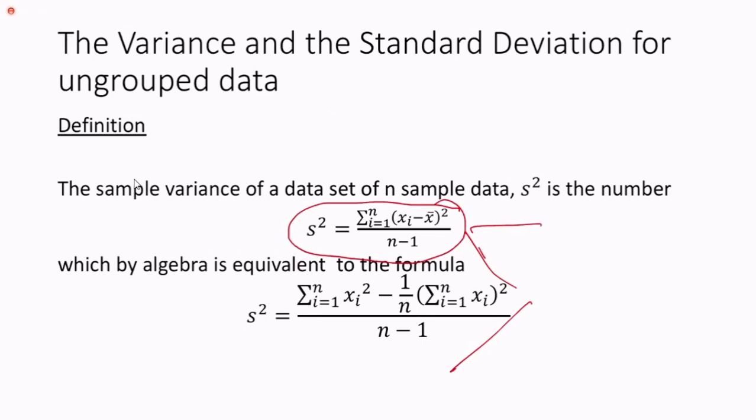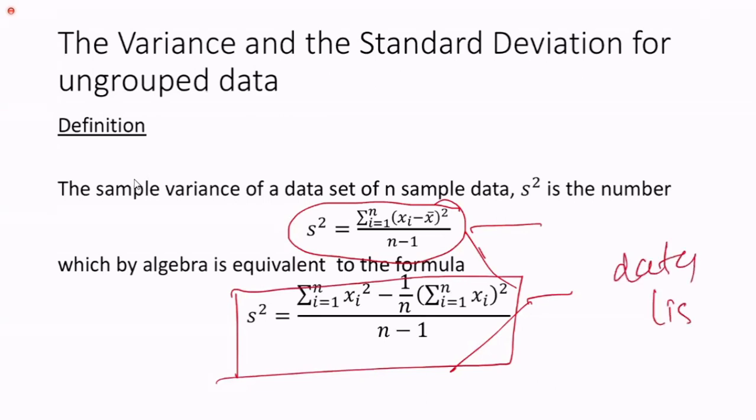We can use this formula when we have a data list, without frequencies. If we have frequencies, we have to use another formula. I will discuss that later. For now, we have a data list, and we can use two formulae, the first one and the second one.